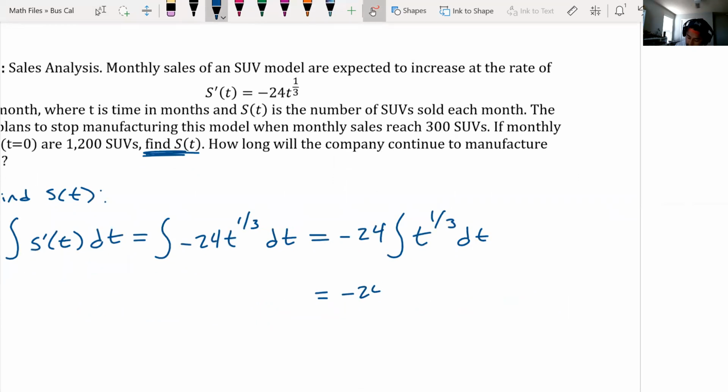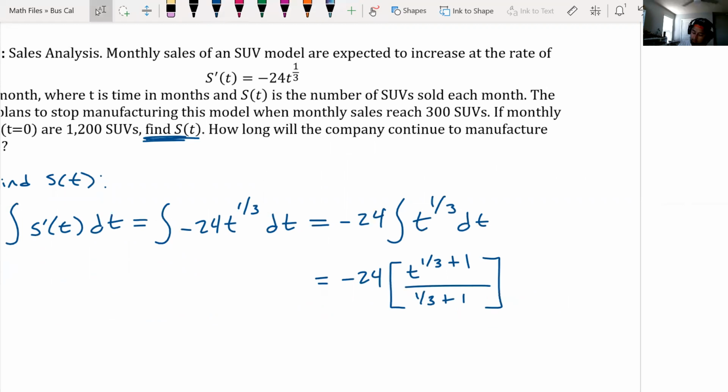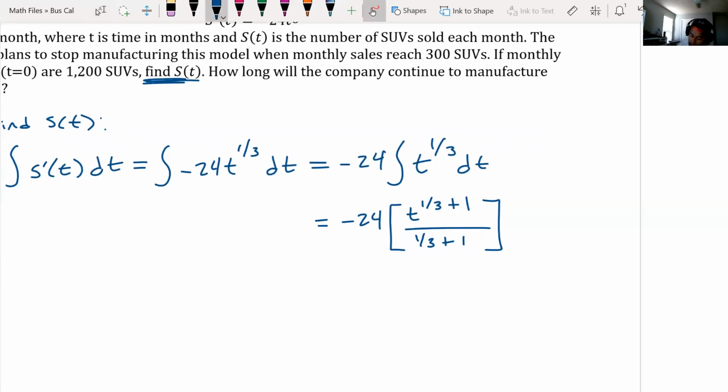So we get negative 24 times t to the 1/3 plus 1 over 1/3 plus 1, and 1/3 plus 1 becomes t to the 4/3 over 4/3.